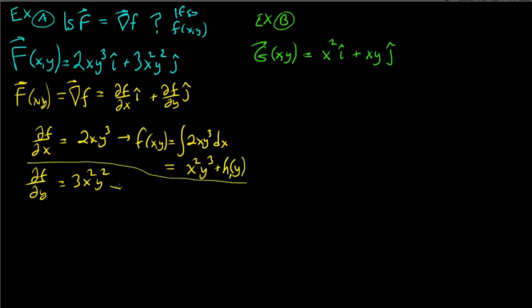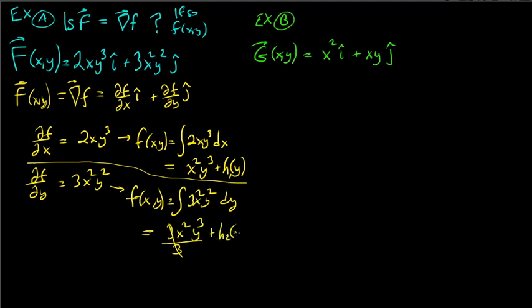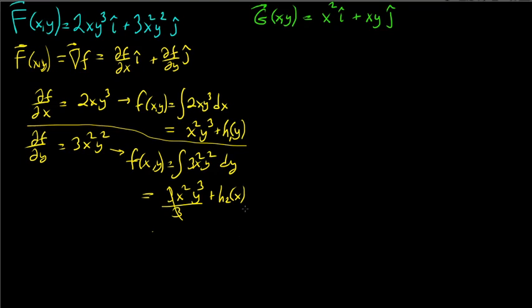And now we do the same thing with the y partial. We have to integrate that if we want to get our little f, but now we're integrating with respect to y. The 3x squared is just a constant, and when we integrate y squared, we get y cubed divided by 3. That cancels. And now, of course, you're adding any function of x. So I think we have our answer here.